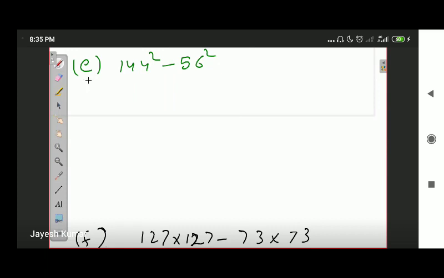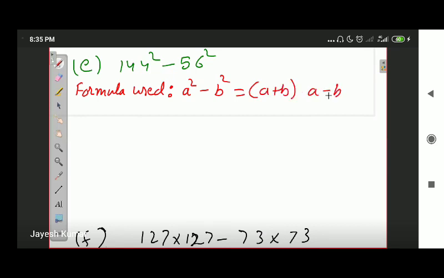How do we apply it? We are applying the formula in reverse order, that is, we are given the values in the form of a square minus b square. We will rewrite them as a plus b and a minus b. We will refactorize them.